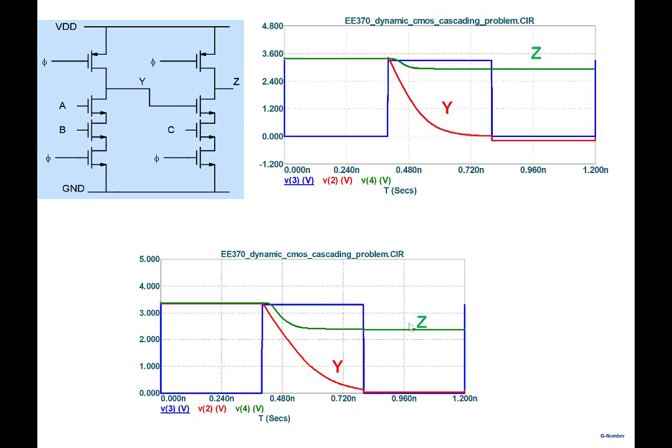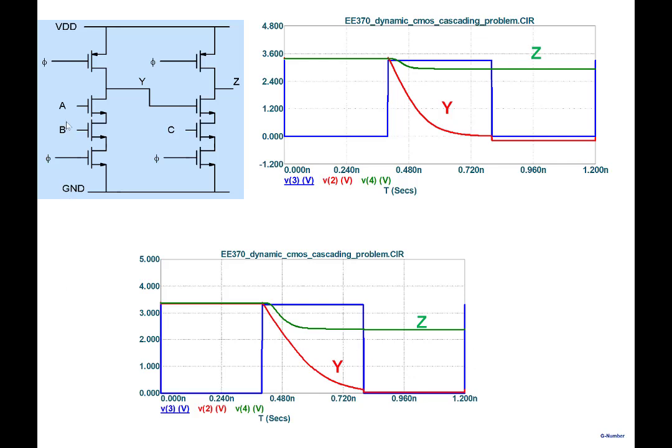So this is problematic, in the sense that I want this to be VDD, and this particular node is dropping because the input is momentarily incorrect. The input has not gone to 0, it takes some time. So cascading in this manner can potentially lead to errors, and this cannot be tolerated.